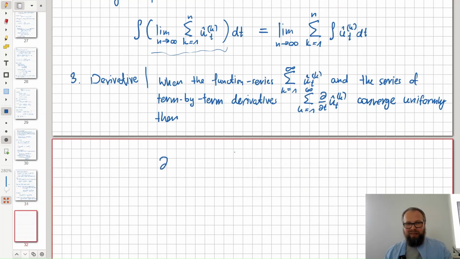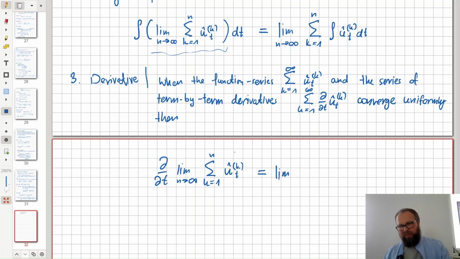Then we have the derivative of the limit equals the limit of derivatives.